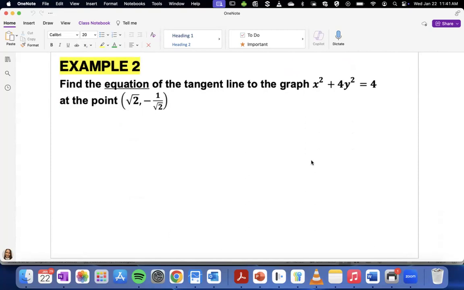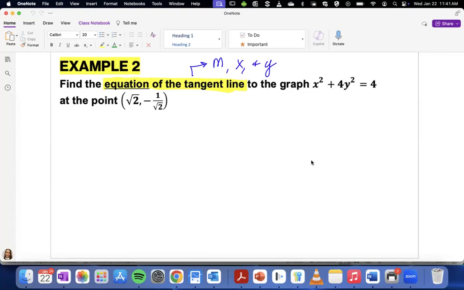If I asked you to find the equation of a tangent line, do you know what 3 things we need? We need our slope, our x, and our y. We need m, x, and y.